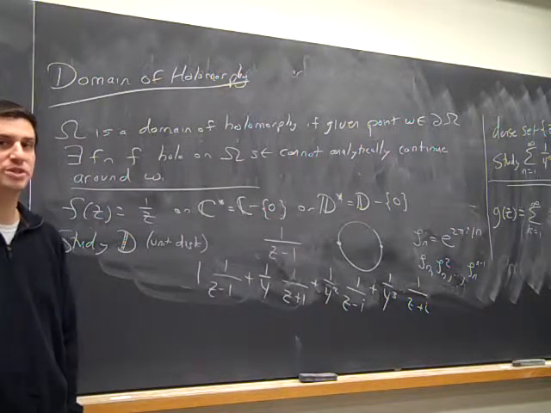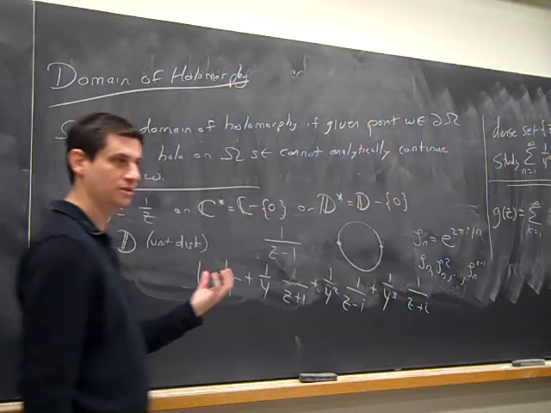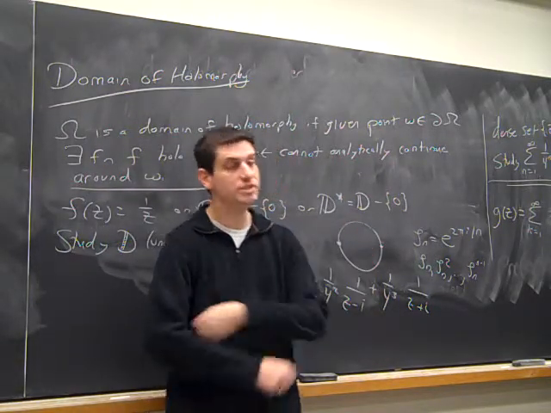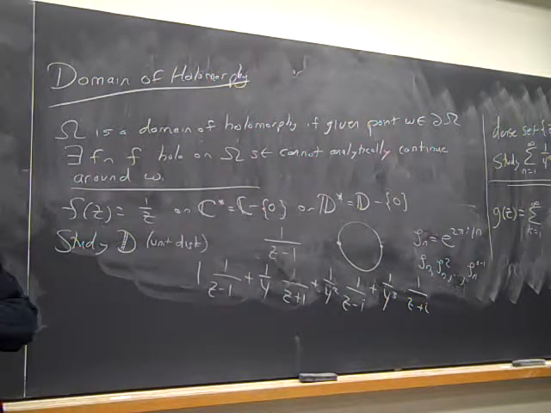And so there is no way to extend this function anywhere. So think of it as you have infinitely many stop signs, and you are forced to stay confined in your initial neighborhood. So it turns out in one variable, any open set is the domain of holomorphy. You can always find a function that cannot be extended.